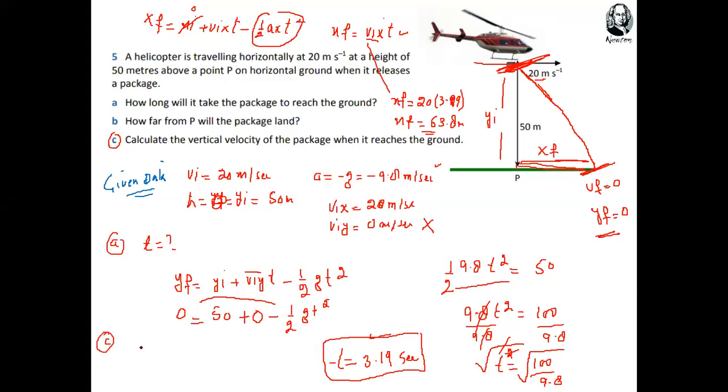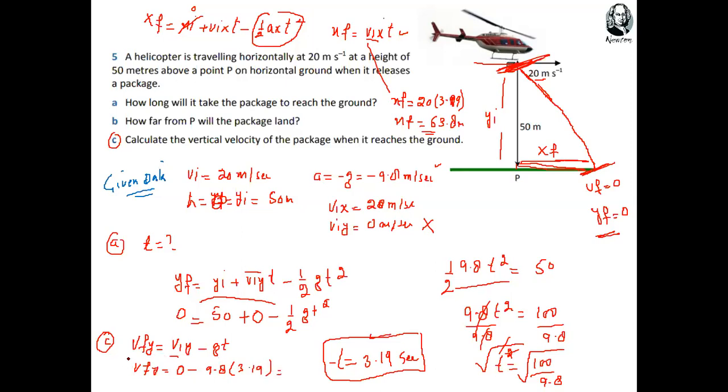Vfy is equal to Viy minus gt. So the final velocity Vfy is equal to the initial velocity, which we know along y is 0, minus gt, where g is 9.8, multiplied by time, 3.19.